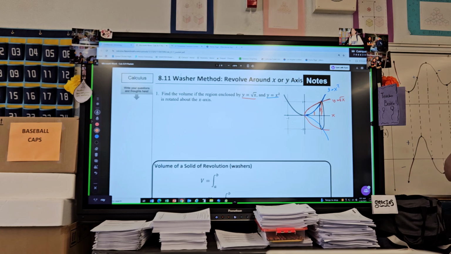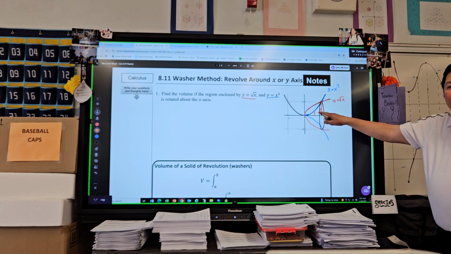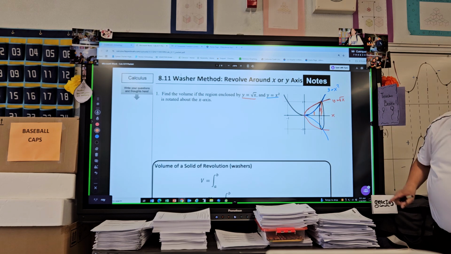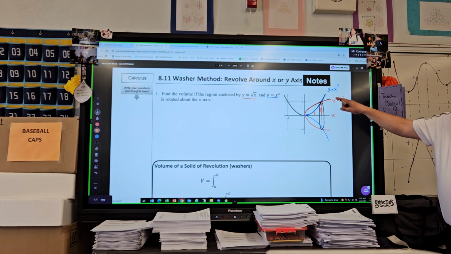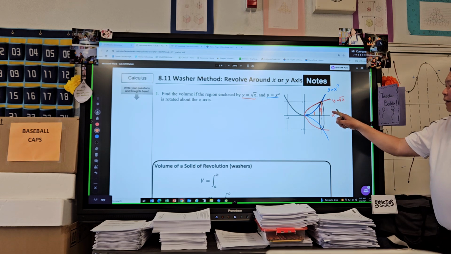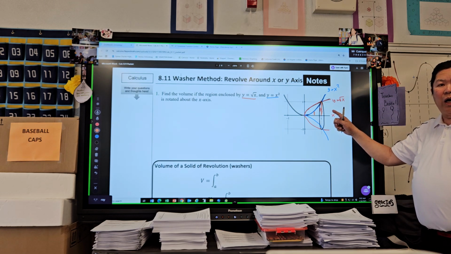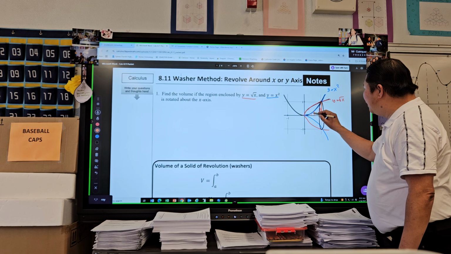Okay, they're both radius. If we rotate this, can you imagine? The blue is the small radius, and the red is the big radius. So that's why I have that small r and capital R.